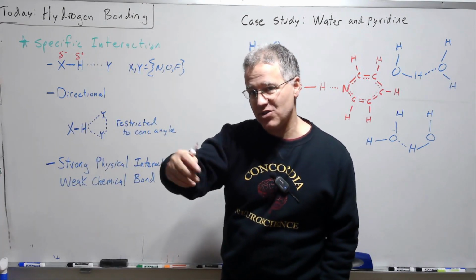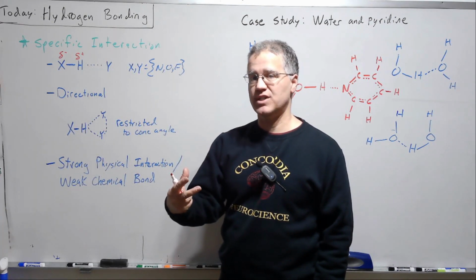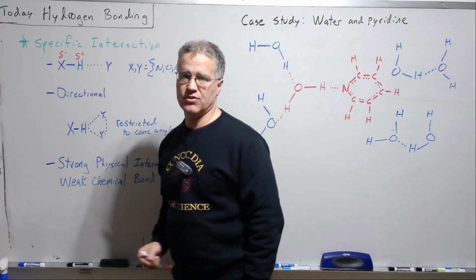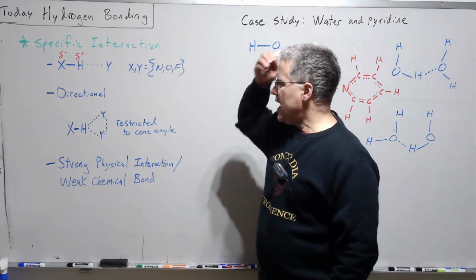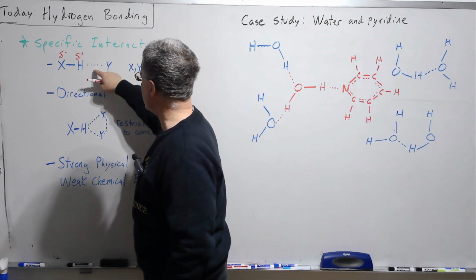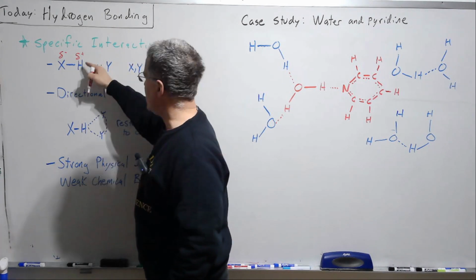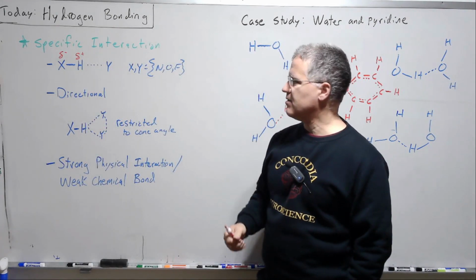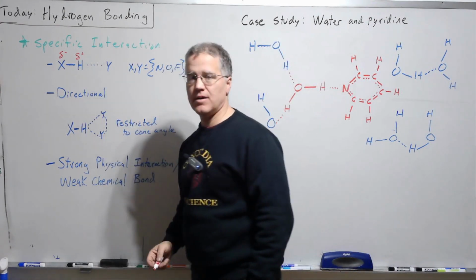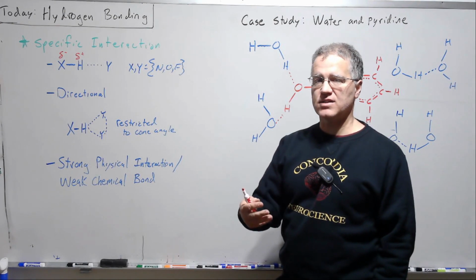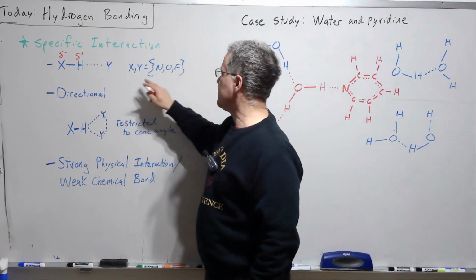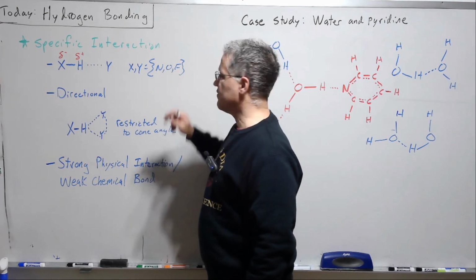So when that gets pulled, it's leaving this exposed partial positive on the hydrogen over here. Now, there's an angle dependence to this. So as another molecule comes in, if it comes in on the hydrogen side, right, so not the other side, but the hydrogen side, then if it has abundance of electrons, then it can hydrogen bond with that. So these are typically nitrogen, oxygen, or fluorine as well.